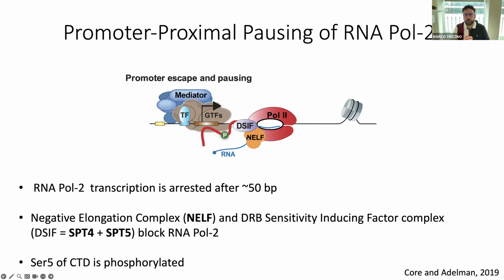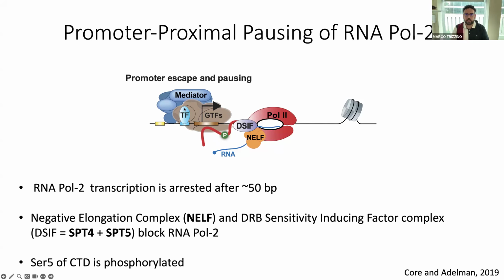So why is this important? Because your POL2 is paused, but this also means that it's poised. So what it means is that you're doing development. This gene will need to be expressed quickly at some point. And so rather than having to load POL2, and for loading POL2 you need a lot of proteins and transcription factors, load POL2, start transcription, and complete transcription all together, this is a very time-expensive and energy-expensive process.